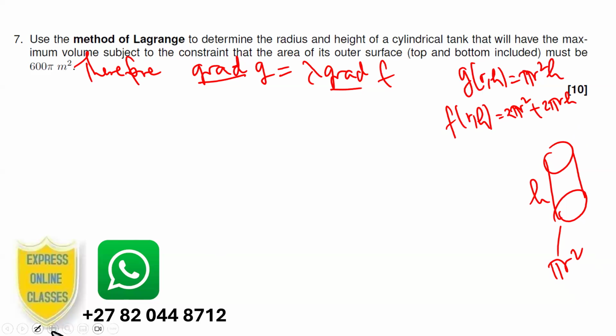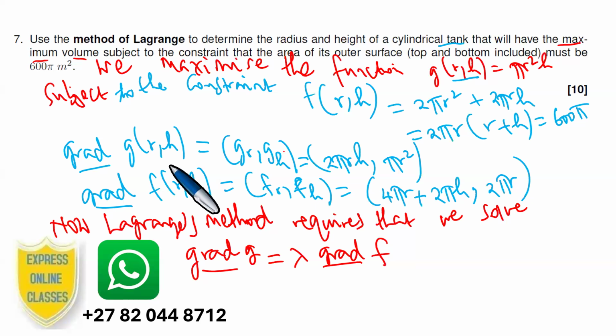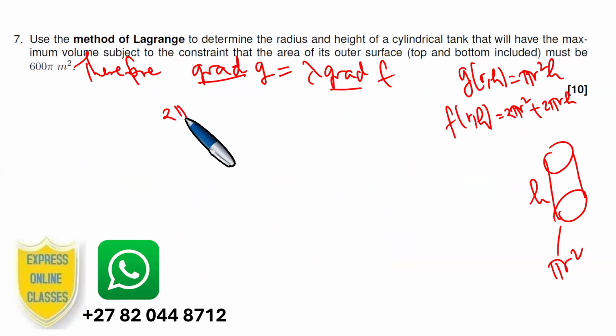The gradient of G, we have already got it. What is the gradient of G? Right, the gradient of G, G_r h, is (2 pi r h, pi r squared).